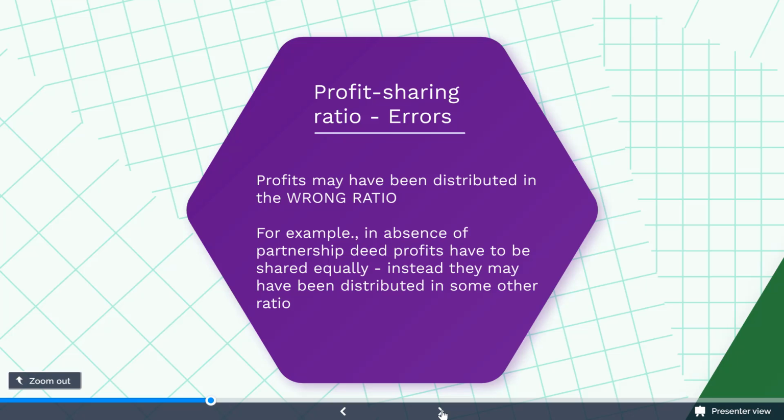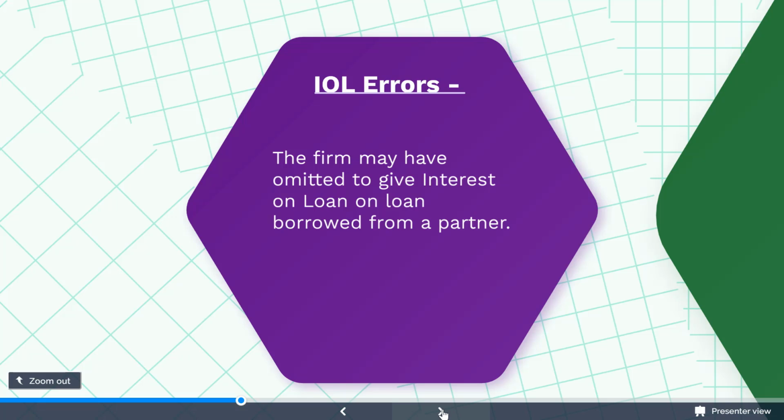Instead, they may have been distributed in some other ratio instead of distributing equally. There could have been an error relating to interest on loan. For example, the firm may have omitted to give interest on the loan borrowed by the firm from the partner when it was supposed to give the interest on loan.